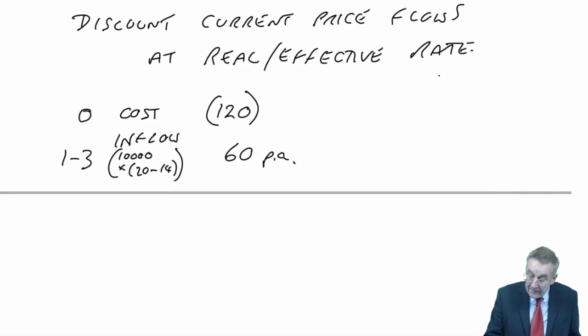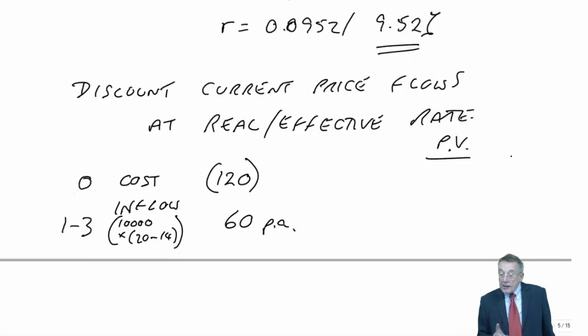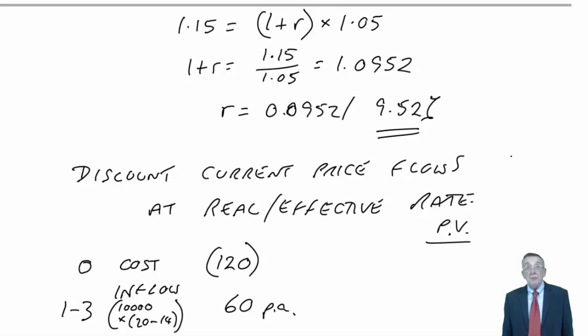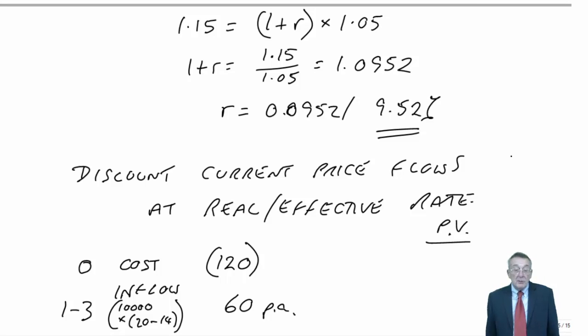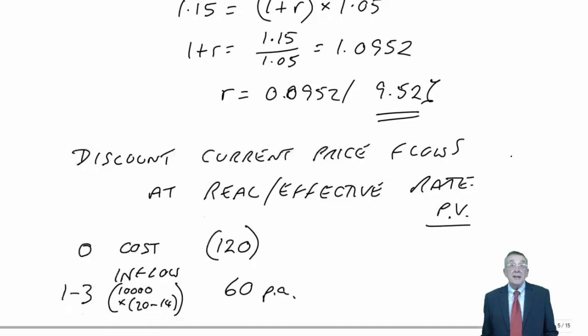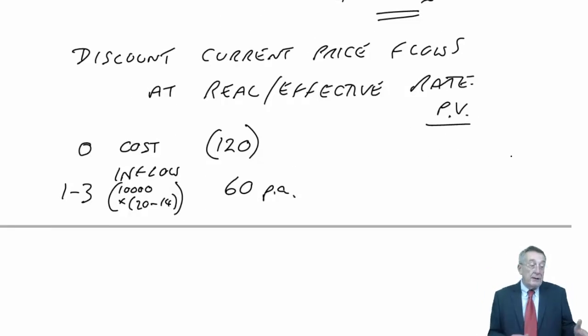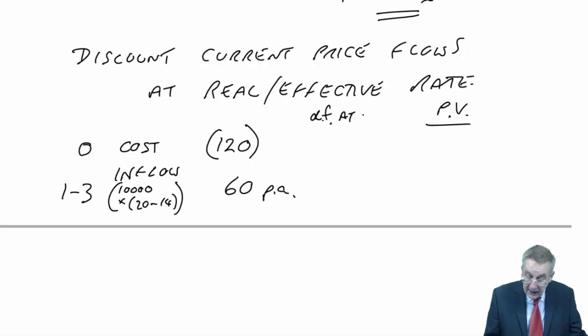And if I discount them at the real or effective rate, now remember, strictly it should be 9.52 from the formula. I've already said, if you ever did need to do this in the exam, use the nearest table figure. So it's not going to be completely accurate, I hope you appreciate, but I'll do 10%.